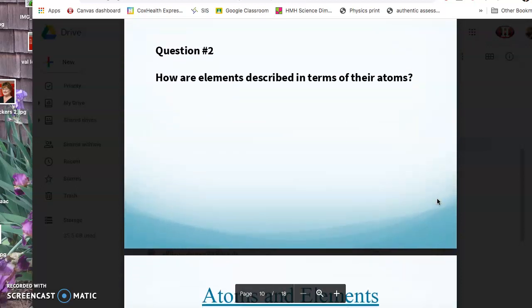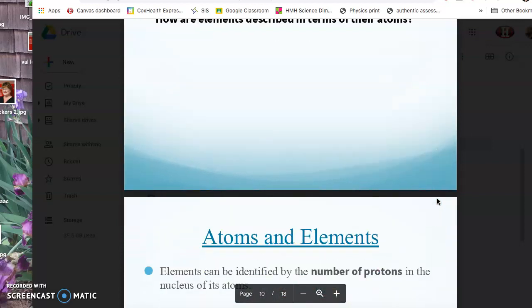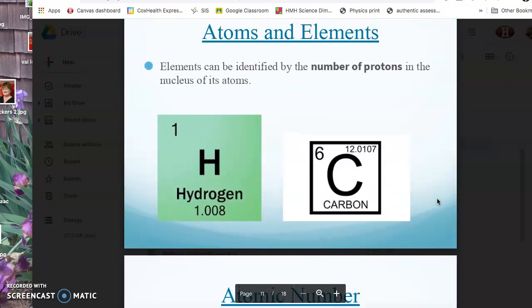How are elements described in terms of their atoms? Well, elements are identified by one key thing, and that's the number of protons that it has. So hydrogen has 1 proton. Carbon, on the other hand, has 6 protons.